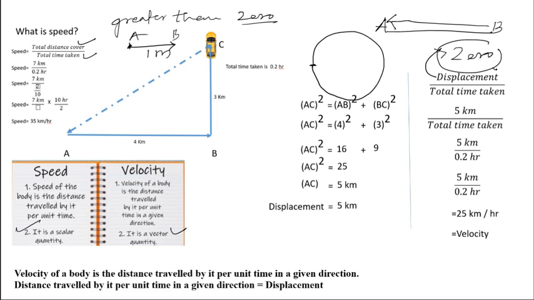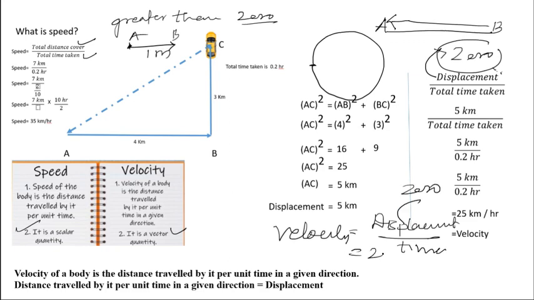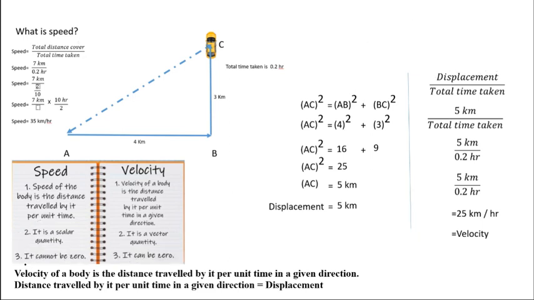And since velocity is displacement divided by time, if this quantity becomes 0, the velocity can become 0. Therefore, our next difference is speed cannot become 0, but velocity can become 0, right?